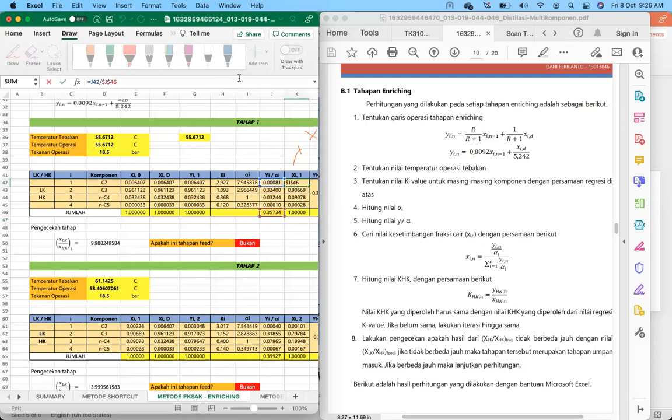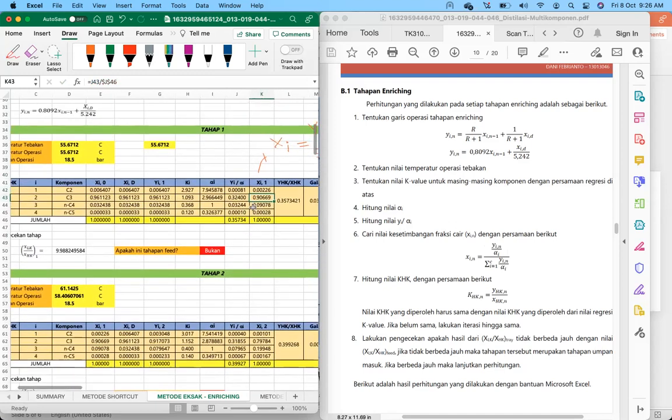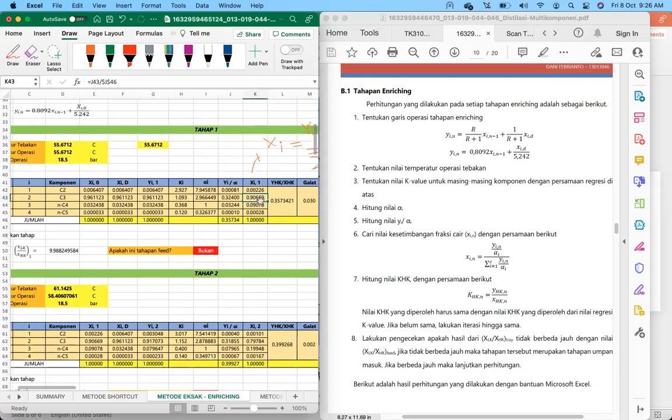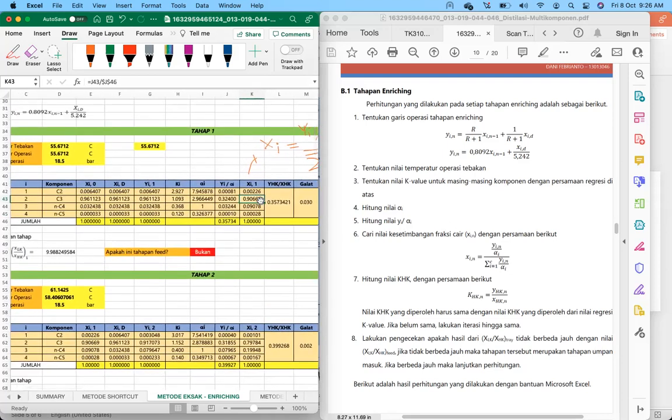Okay, like that. So with this calculation, you will find your new x_i in x1, in stage 1, which is leaving the equilibrium stage. We don't know if it is right or not, so what we need to do is find the KHK from the calculated value, which is y1 divided by x1, and this is your KHK.